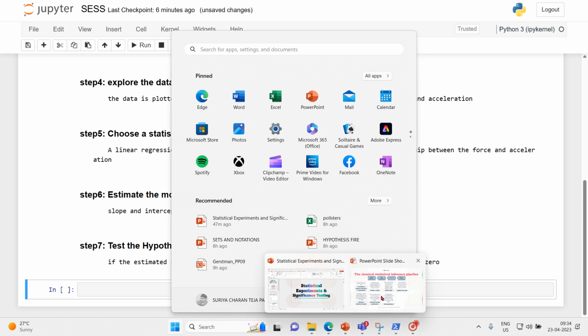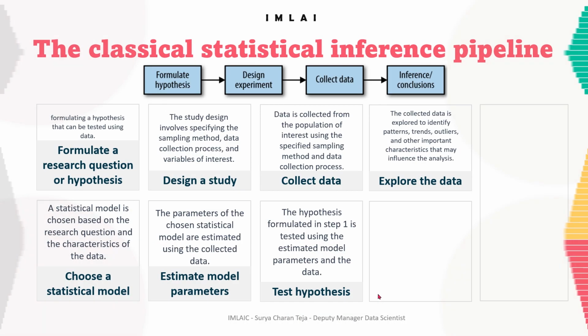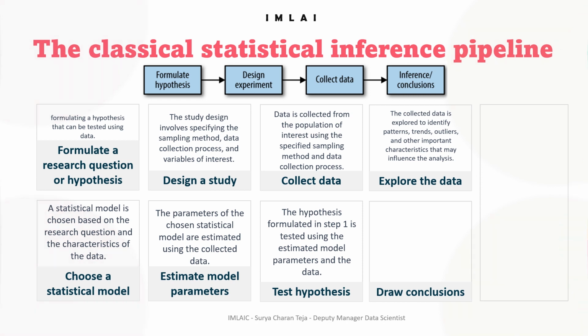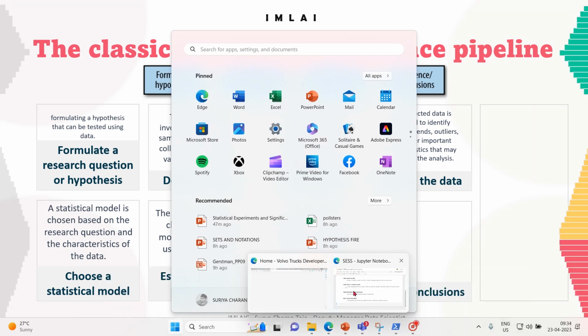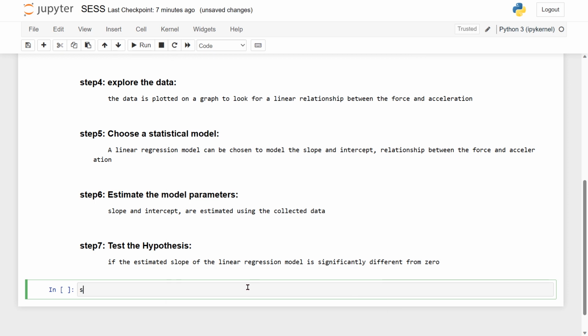Then once you test the hypothesis, now you have to draw the conclusions. Based on the result of the hypothesis test, conclusions are drawn about the research question or hypothesis. So step 8 is to draw conclusions.